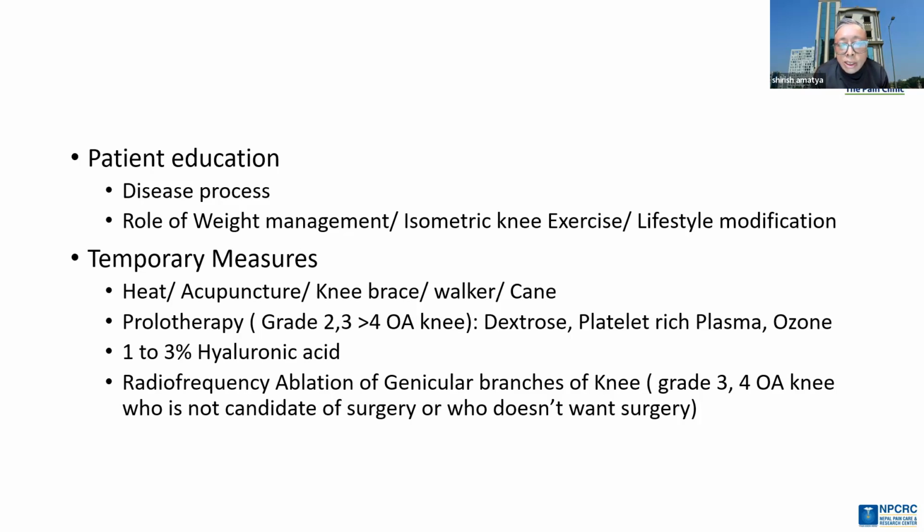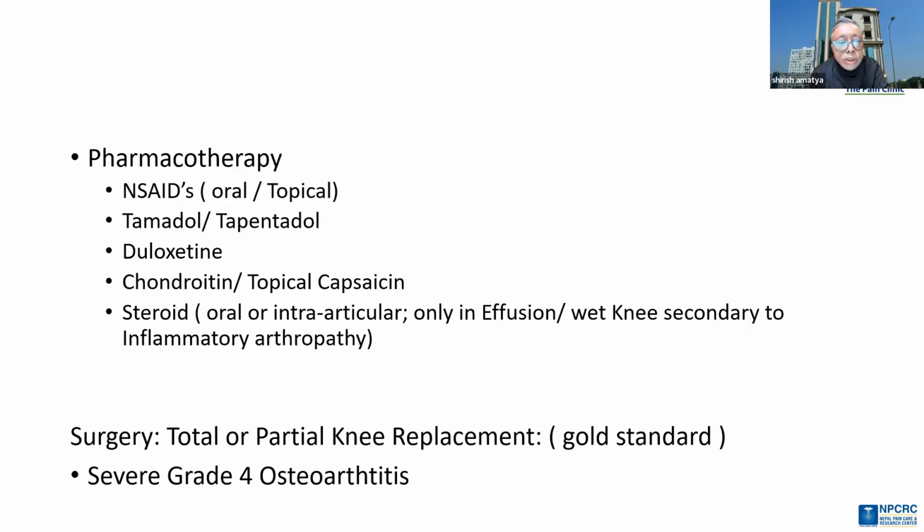That is the gold standard treatment. If the patient is not willing to go for surgery, or is not fit for surgery, then radiofrequency ablation of genicular branches of the knee joint can have an excellent result in grade 3 and also in grade 4 osteoarthritis.